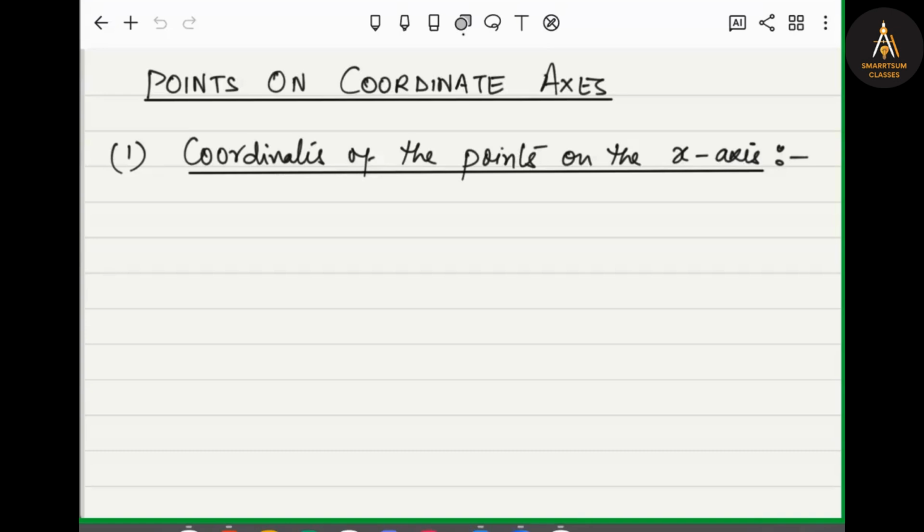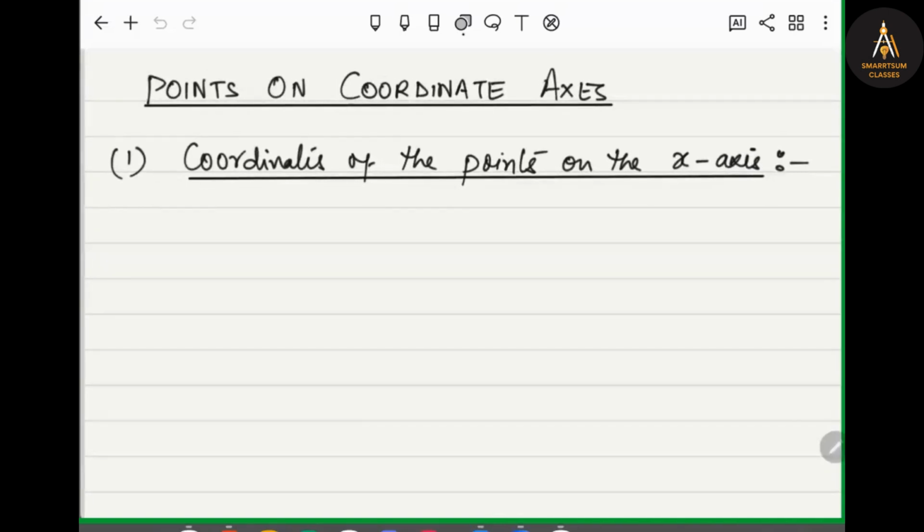Means for this point, y equals 0. Every point which is lying on the x-axis is at a distance of 0 unit from the x-axis. Yes or no? Right?